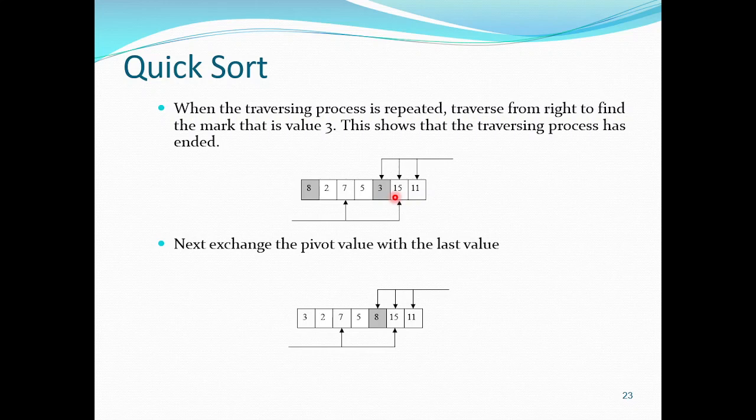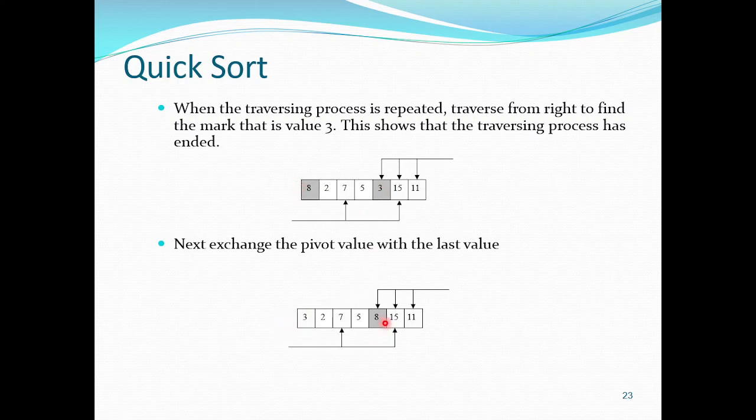Now once we know that the third element is at the end of the list, smaller than the pivot, then we need to exchange the pivot with the last smaller element, 3. So exchange these two data, 8 and 3, become 3 and 8.